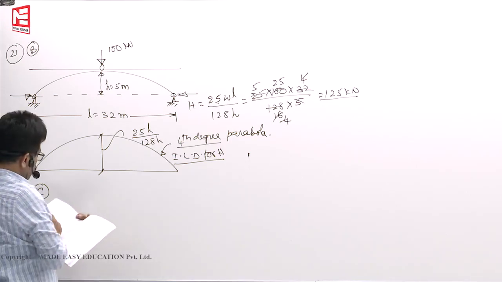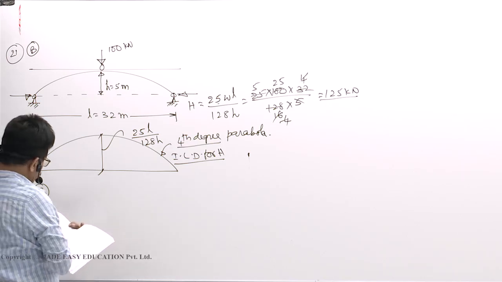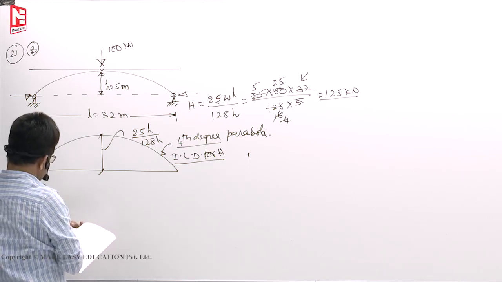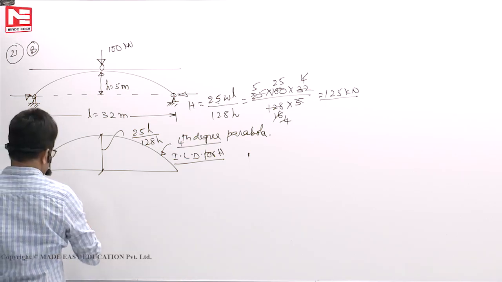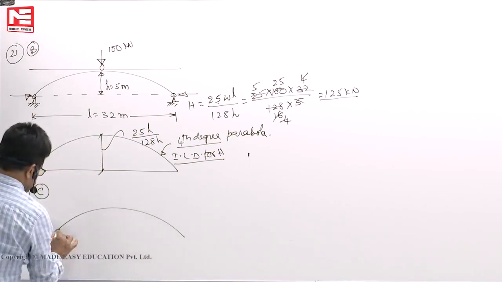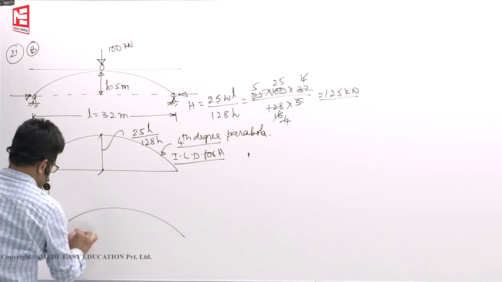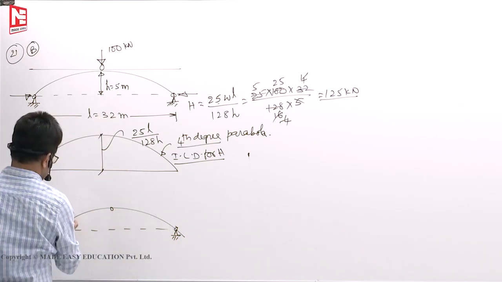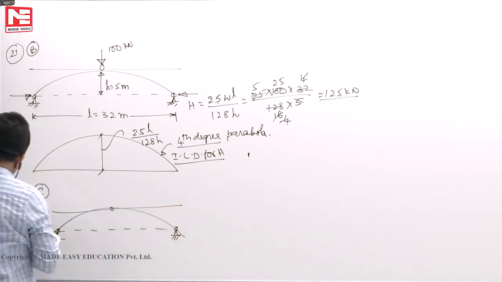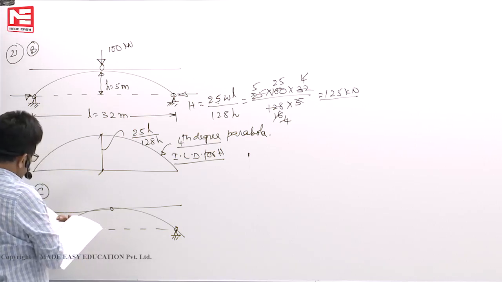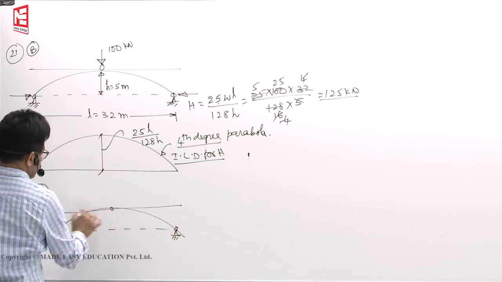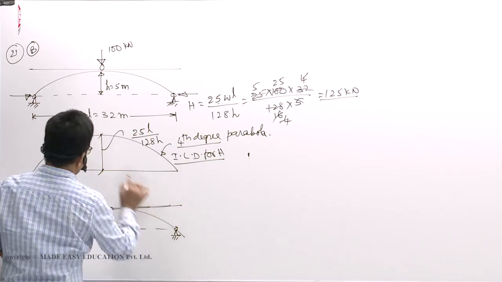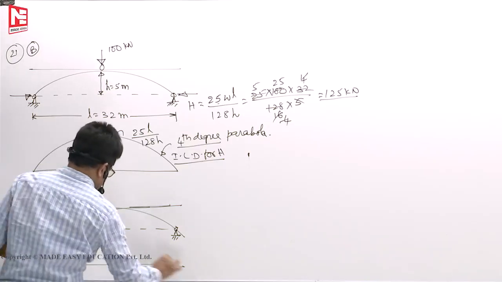23rd one. A uniformly distributed load, shorter than the span, crosses a three-hinged arch from left to right. We have a three-hinged arch. Some UDL shorter than the span is moving from left to right. For maximum horizontal thrust, I told you, if you have the L by 4H, this one like this.